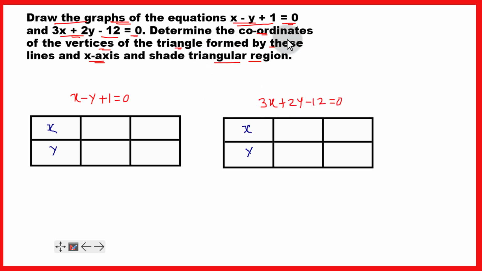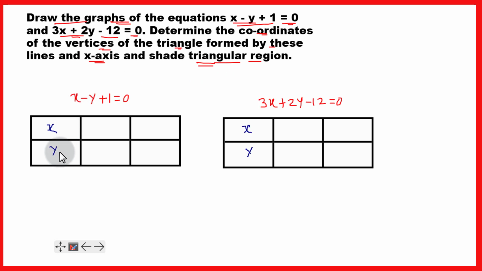You have to determine the coordinates of the vertices of the triangle formed by these lines and the x-axis. Whatever triangle gets formed by the two lines and the x-axis, you have to write the coordinates of its vertices, and you also have to shade the triangular region.